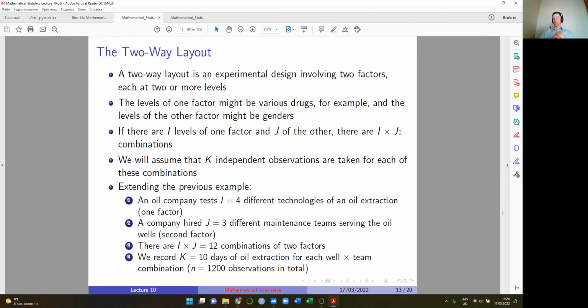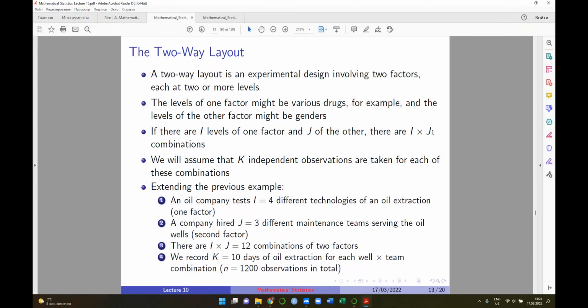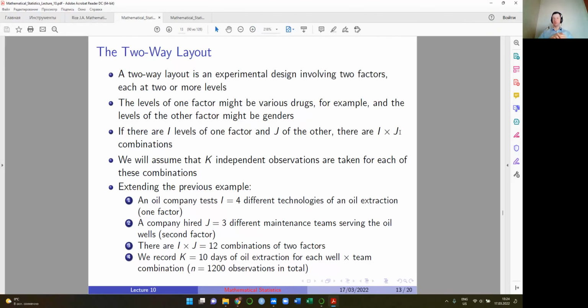So suppose that you do this recording in a journal, and every day you record, so well number 1, team number 1, they produced that much tons of oil. Well number 2, team number 2, they produce that much oil, and so on. And you do this for 10 days for every combination.